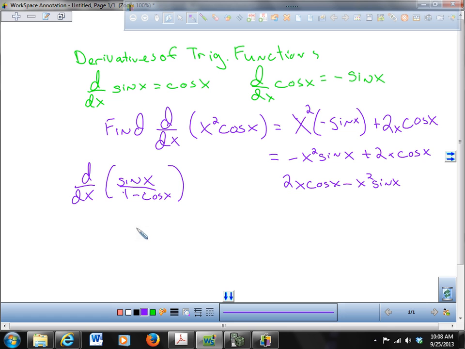All right? So this is going to be equal to low d high. So here's low. D high, what's d high? Cosine x, minus high d low. What's the derivative of that bottom?